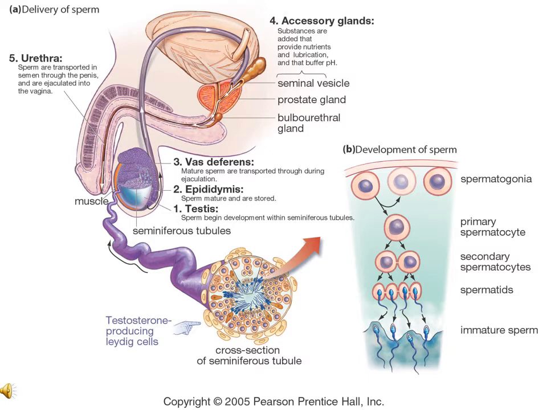The sperm starts in the testes, it moves through the epididymis, it then follows the vas deferens, picks up a variety of fluids. Now, these fluids are important because they play an important role once the sperm comes in contact with the vagina and the vaginal fluids.